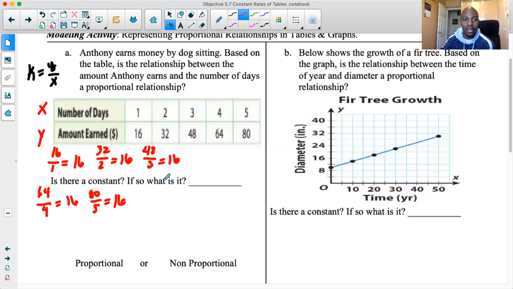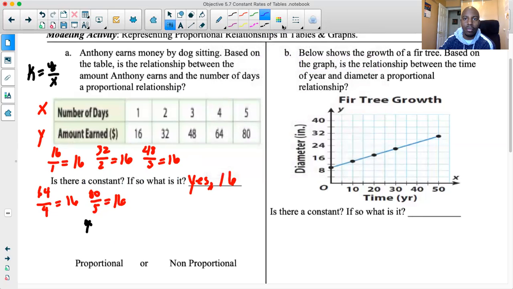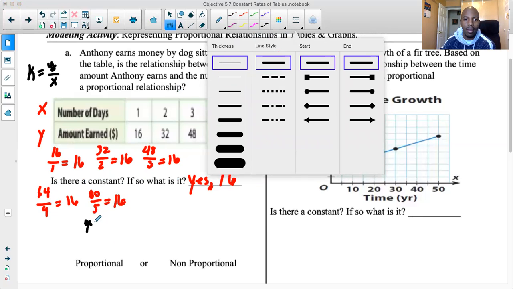So is there a constant? Yes, there is. What is the constant? 16. Okay. Since there's a constant, ladies and gentlemen, and this is where you make sure you understand that. All right, I'm going to put this right here. Okay.